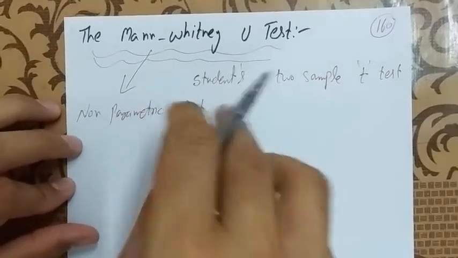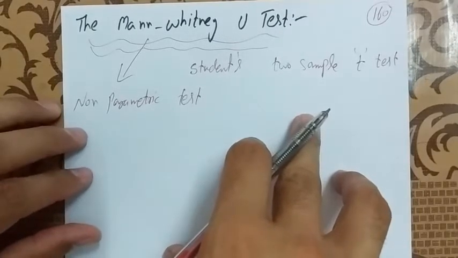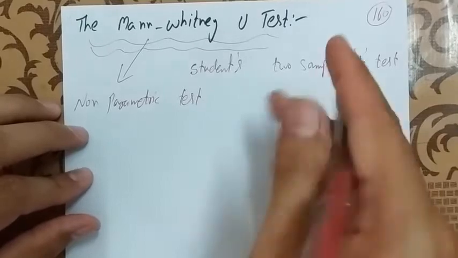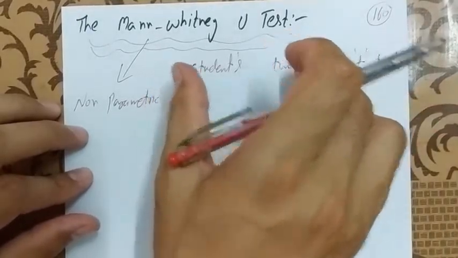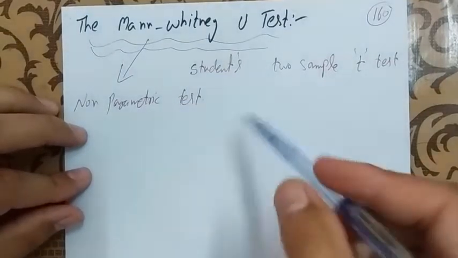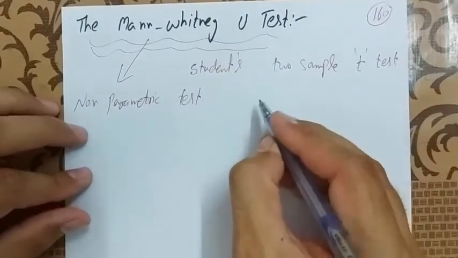It requires random sampling from normal populations with equal variance. In the data of the Mann-Whitney U test, students, we require normal populations with equal variance.